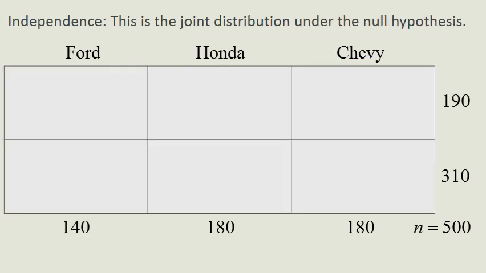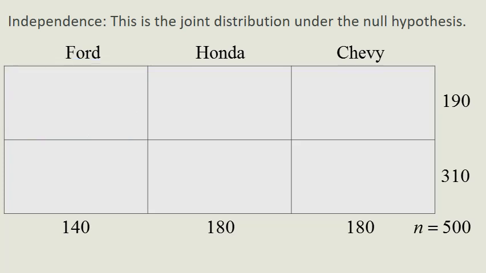Let's see what the data would look like if they really were independent. And I need you to think back to the intro stat definition of independent events. Independence meant that individual probabilities could be multiplied together in order to find the probability of that combination. So using independence, let's find the probability of getting a loyal Ford customer.